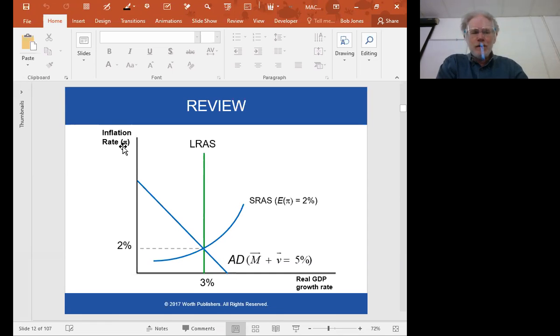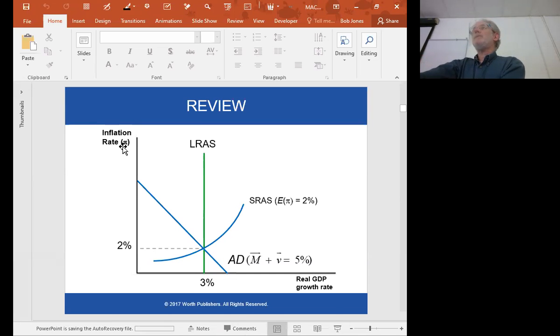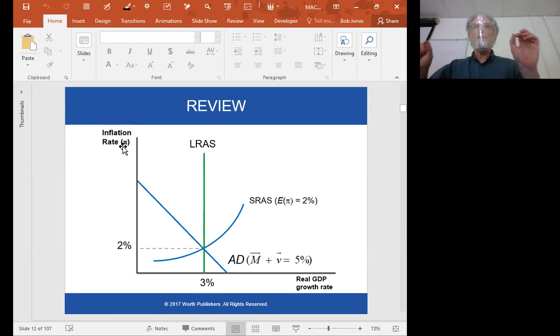The aggregate demand curve shows us combinations of those 2 growth rates that add up to the expected growth rate of spending. Okay? This is a key idea. We're assuming that we know the rate at which spending is going to increase. This aggregate demand, when it has in parentheses here, that means this is aggregate demand based on an assumption that the growth rate of money and the growth rate of velocity will be, the total will be 5%.